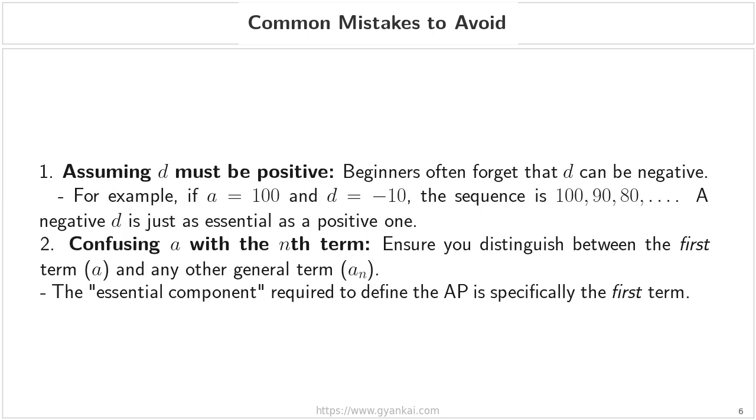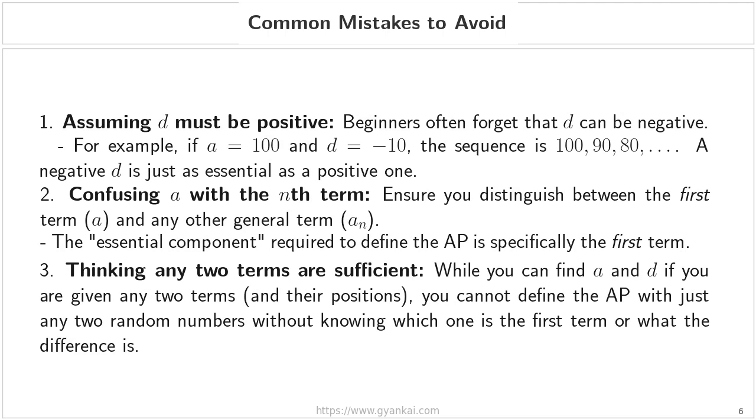Second, please be careful not to confuse the first term, A, with the nth term, which we denote as a sub n. While a sub n represents any general term at a specific position in the sequence, the essential component we discussed earlier, the one we need to anchor our sequence, is specifically the very first term, A. Always keep that distinction clear in your mind.